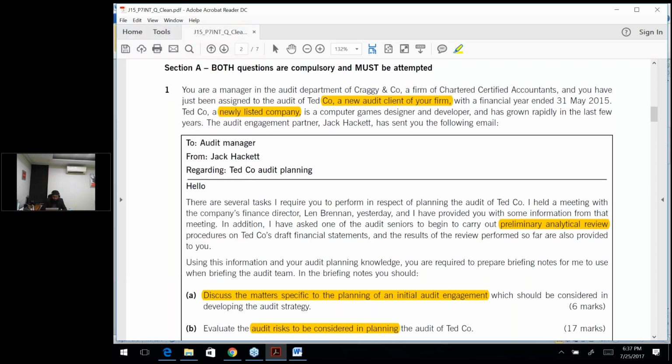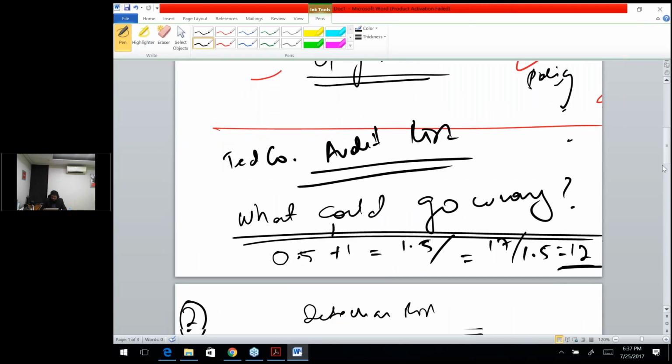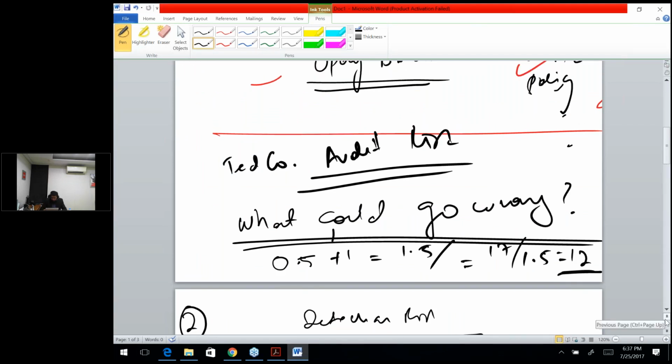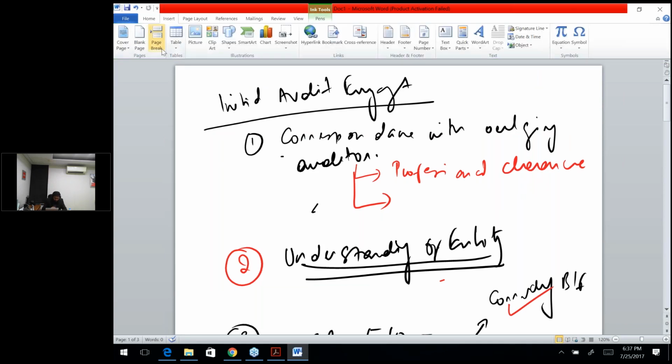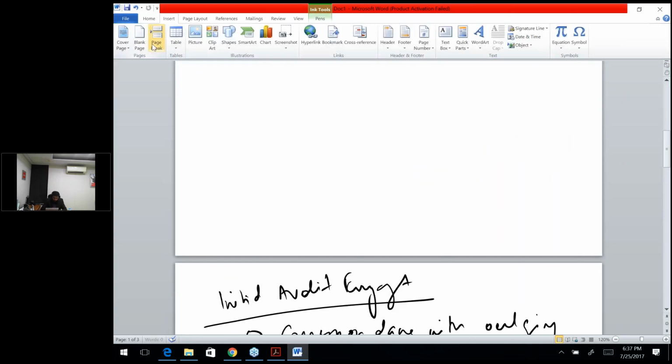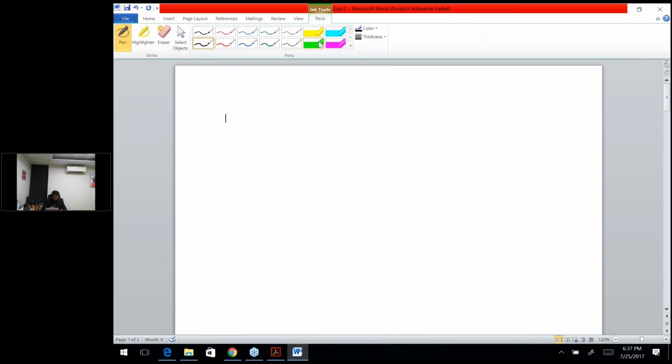You would say why? Whenever you've got a new audit client, the detection risk is high. So the number one risk is high detection risk.